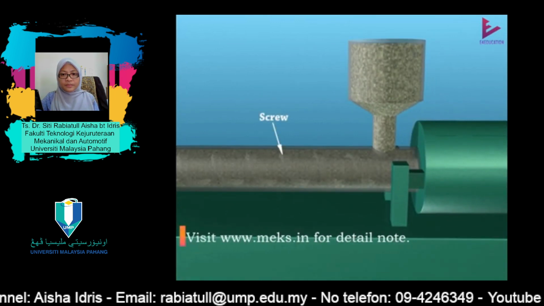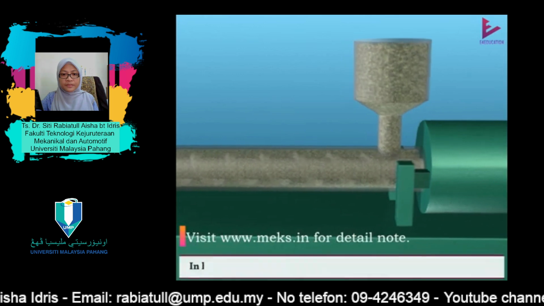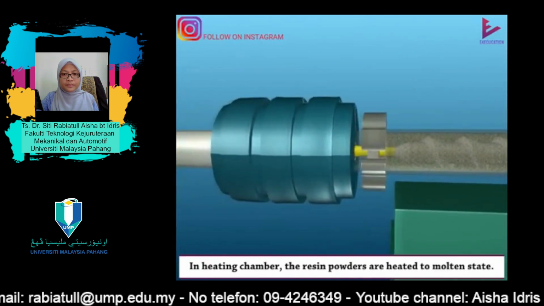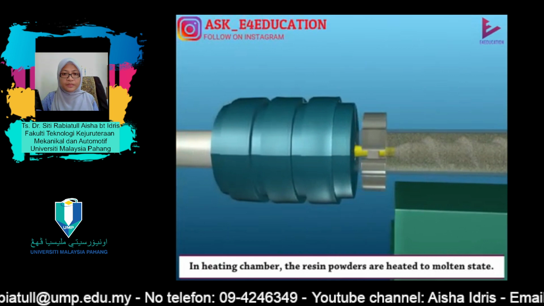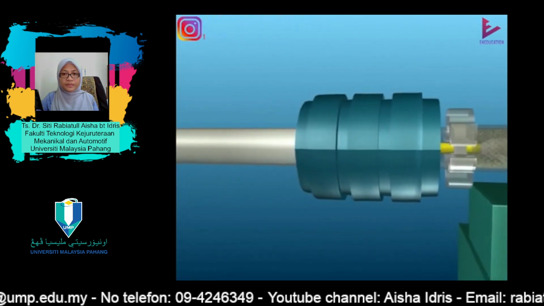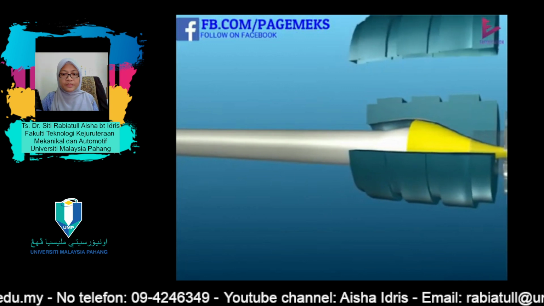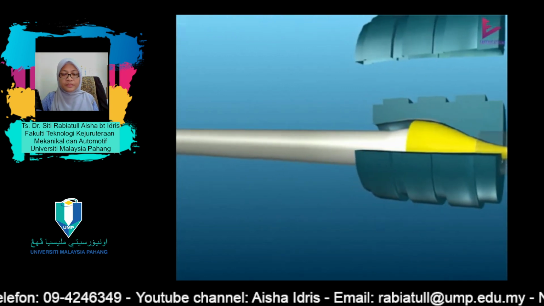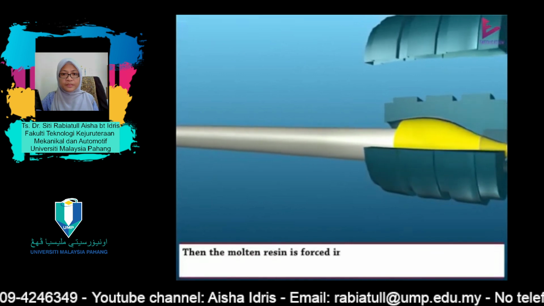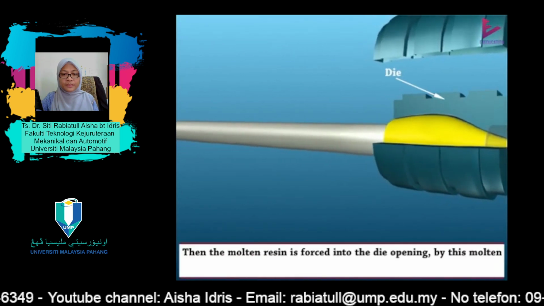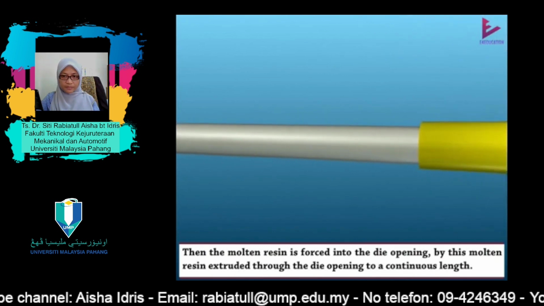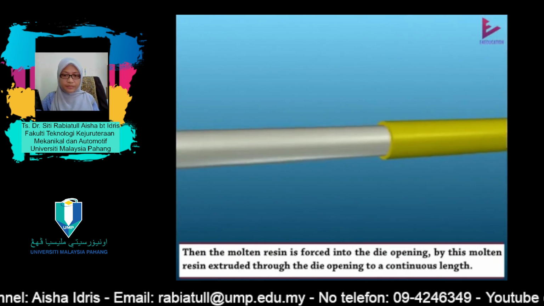In heating chamber, the resin powders are heated to molten state. Die and mandrel. Then the molten resin is forced into the die opening by this molten resin extruded through the die opening to a continuous length.